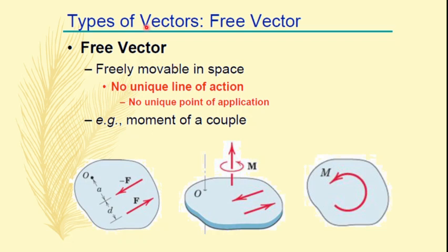The example is the moment of a couple, where the line of action and the point of application are not defined. That is why it is a free vector.